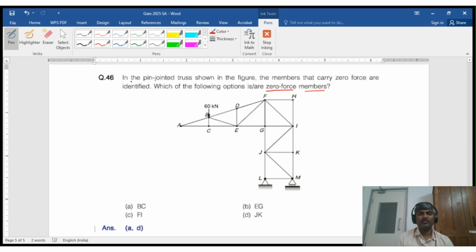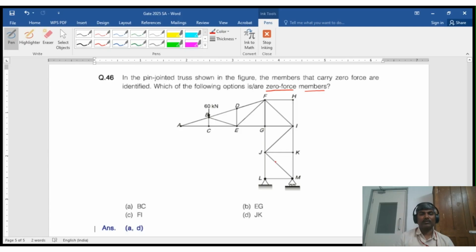In the pin jointed truss shown in the figure, the members that carry zero force are identified. Which of the following options are zero force members? Okay, right. So you see this structure.